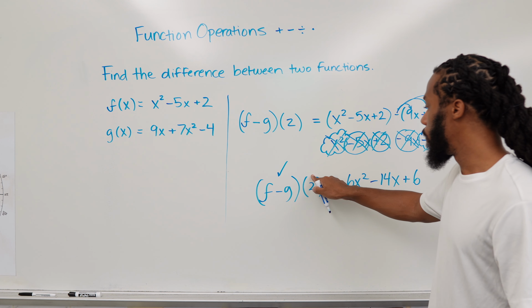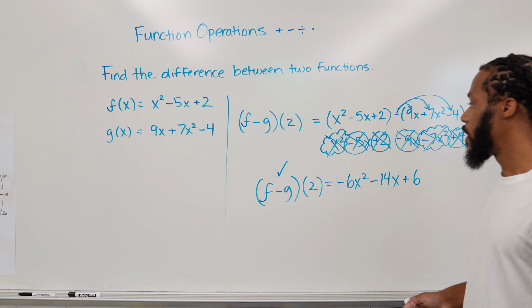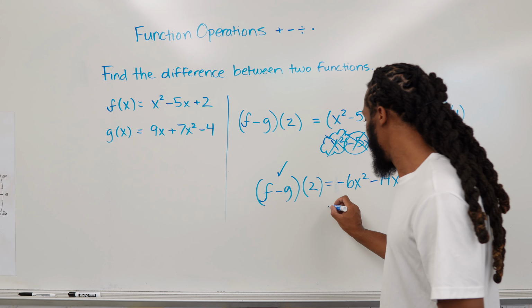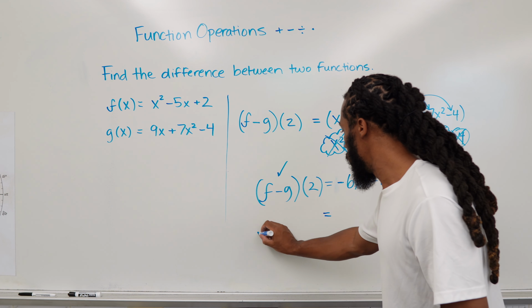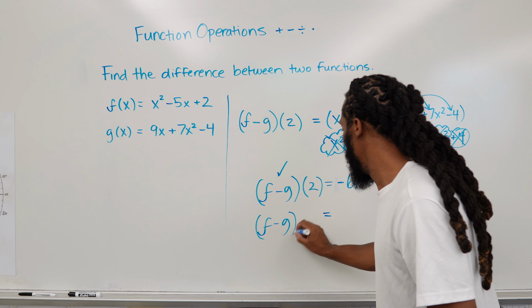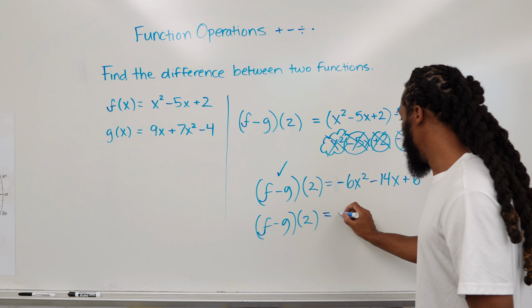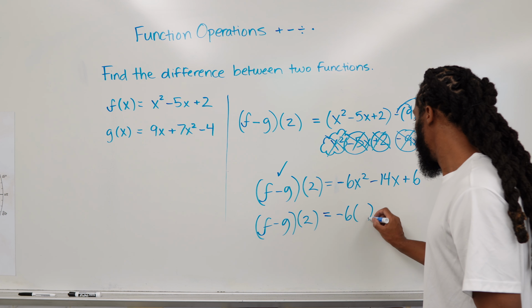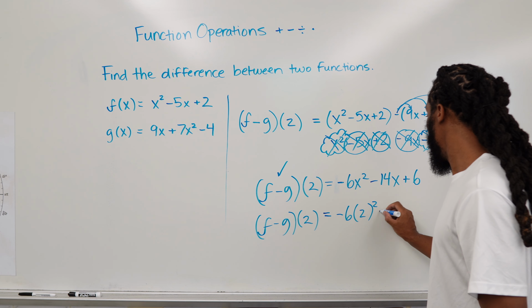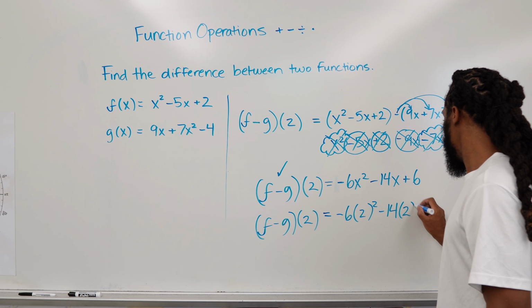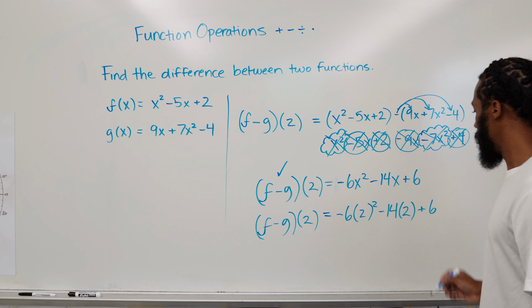Now we should plug in 2 everywhere there's an x to simplify. So f minus g of 2 would be negative 6 times 2 squared minus 14 times 2 plus 6.